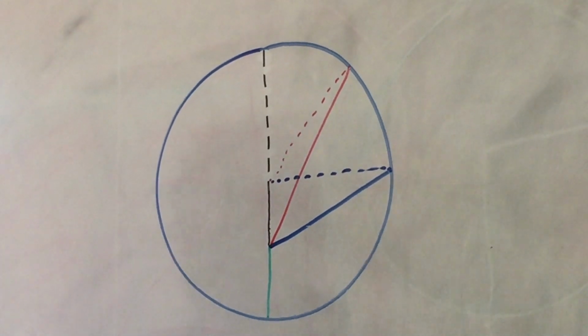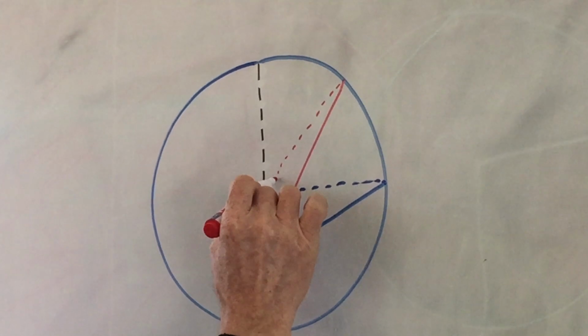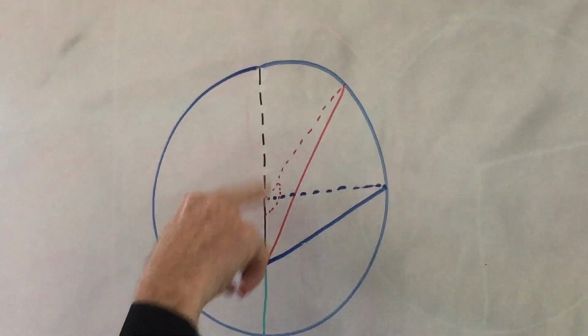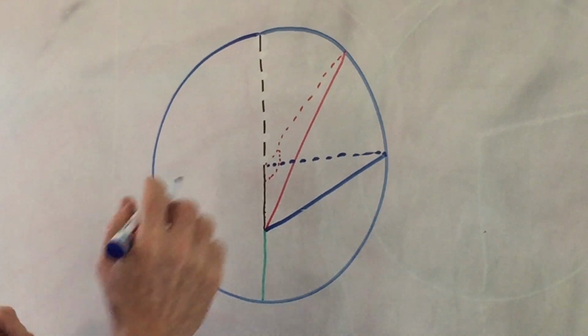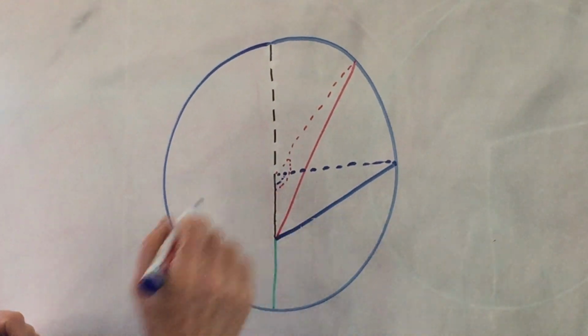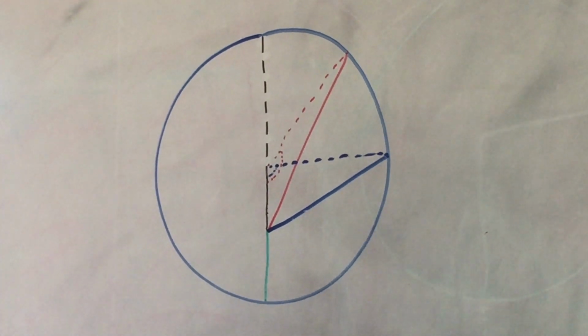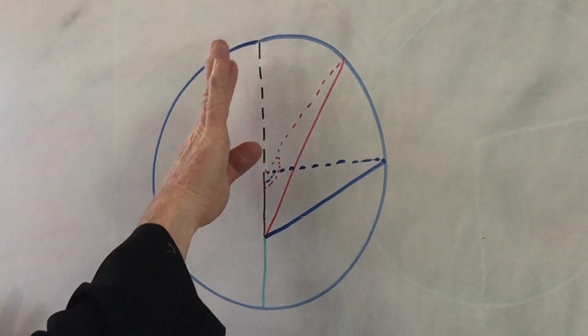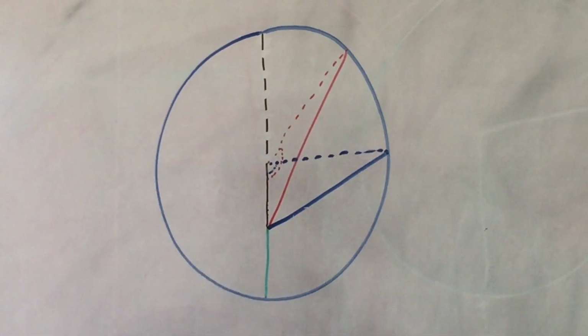And this will be the angle right here of this red triangle, and this will be the angle of the blue triangle. Great. So let's start off by showing that this one is greater than this, and this will be greater than this, and this will be greater than this.